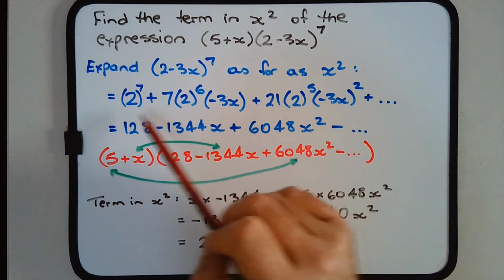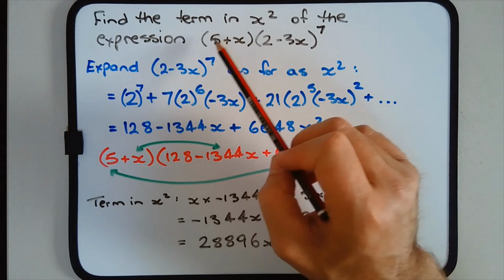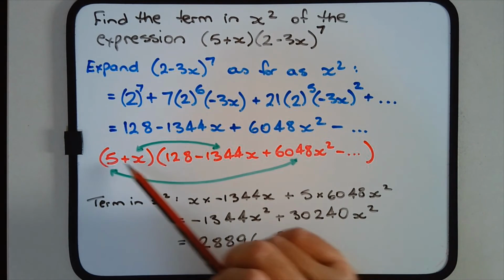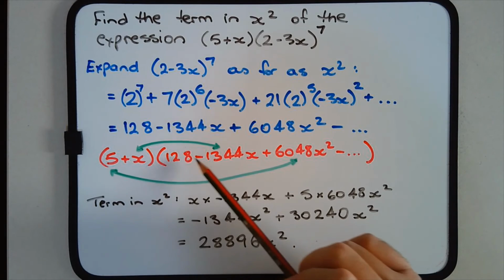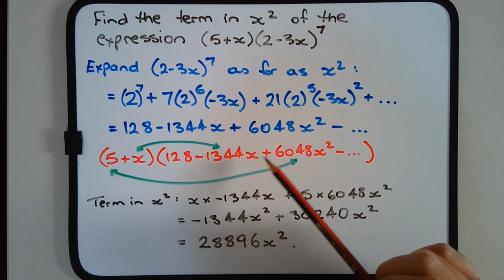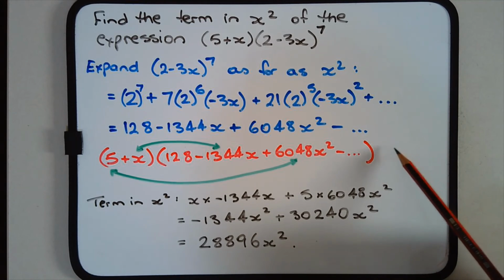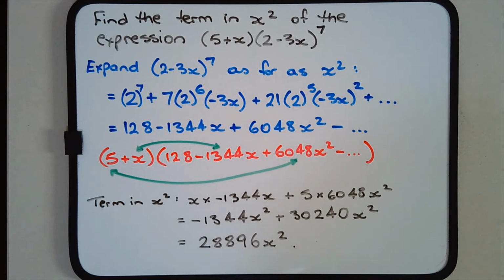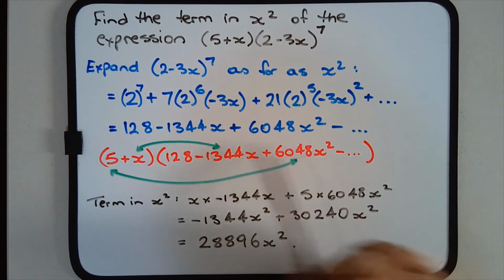Now we'll consider this expansion multiplied by the binomial 5 + x. So (5 + x) multiplied by the expansion 128 - 1,344x + 6,048x^2 - dot dot dot. And we're looking for terms in x squared. There's two ways that we can obtain that in this particular product.